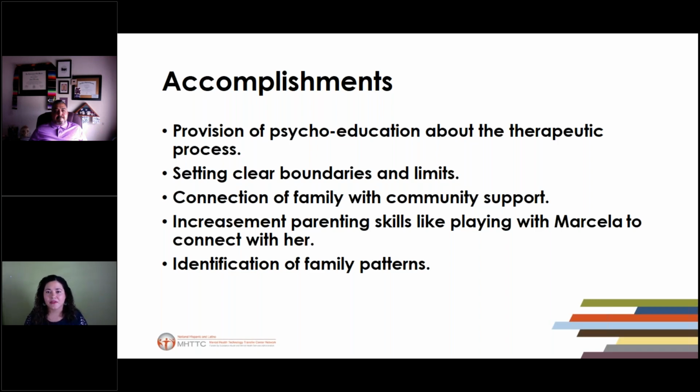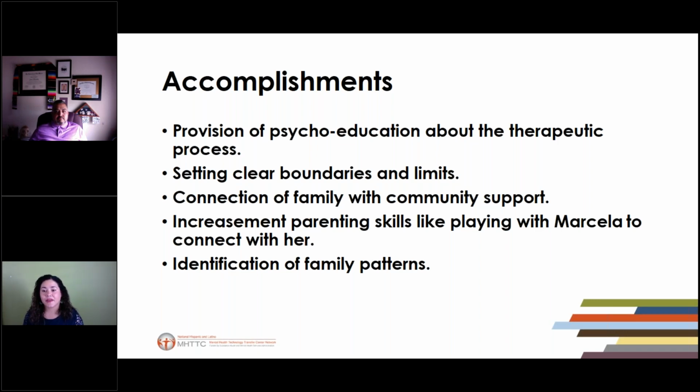I think it's in a different agency, but this project helped the father of my client acquire more skills on how to parent his child. At the same time, they have some activities where he can go with his daughter, so they can strengthen their bond as father and daughter, right?